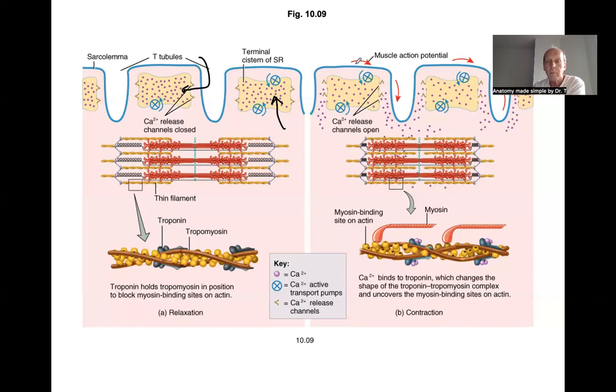However, when we receive the action potential from a nerve, it will generate some electrical changes to the sarcoplasmic membrane, and the electrical charge will dip into T-tubules. From T-tubules, it will affect terminal cisterns of the endoplasmic reticulum. There will be a release of calcium into the cytoplasm of a muscle cell.